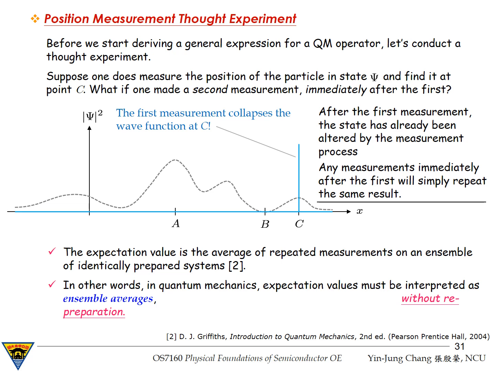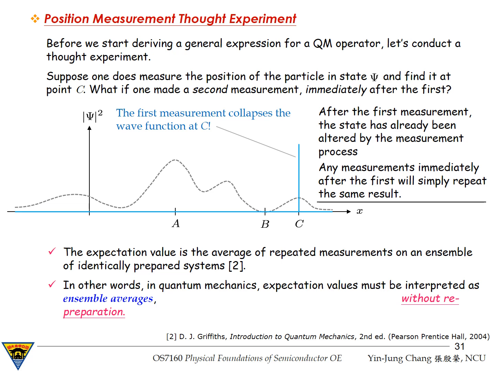Suppose someone tried to define the position expectation value by repeatedly measuring the position of the same particle in the same state, one measurement after another, and then averaging the result. That would not work. After the first measurement, the state has already been altered by the measurement process.